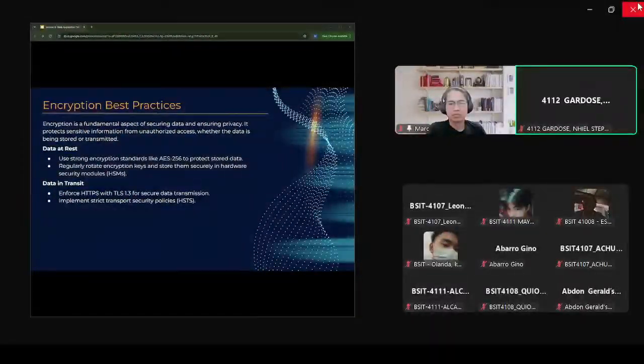We'll dive into encryption best practices, particularly focusing on securing data at rest and in transit. These practices are essential for keeping sensitive information safe from cyber threats.